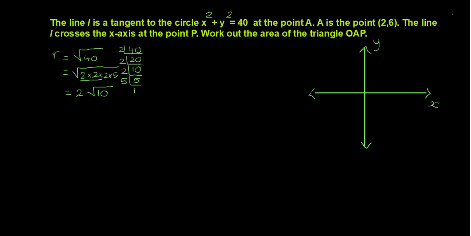Let's draw a circle. It's not going to be an exact circle, I'm just going to draw it freehand. It's not very nice. Let's try again. Still not very good, but this will have to do. So that point there is going to be 2 root 10.